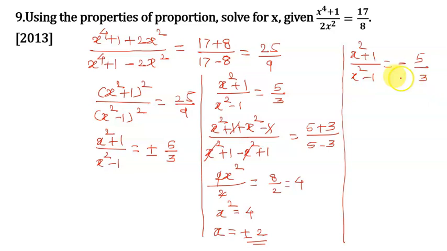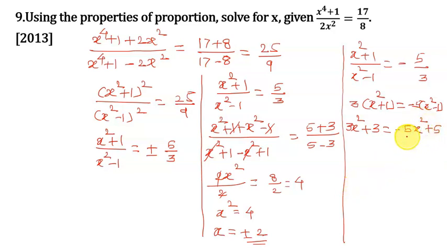If we take the cross multiplication, then you will have this simplification: 3(x² + 1) = -5(x² - 1). Then you will have 3x² + 3 = -5x² + 5.